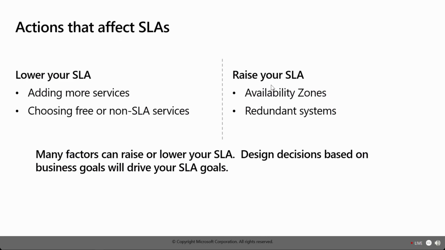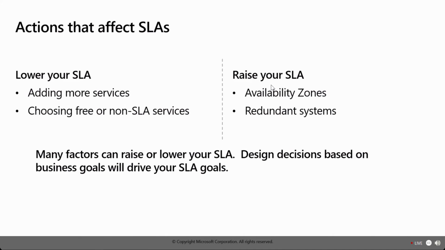And if you choose a free service or a preview feature, those won't have SLAs associated with them. But if you want to raise your service level agreement, yesterday Lorraine showed you availability zones. That's one way to increase your SLA when it comes to virtual machines. Same thing with building redundancies into your systems.